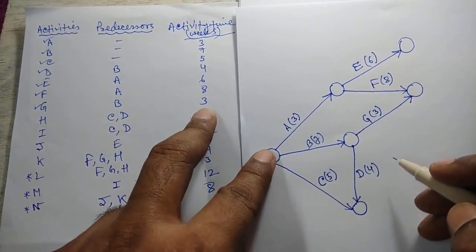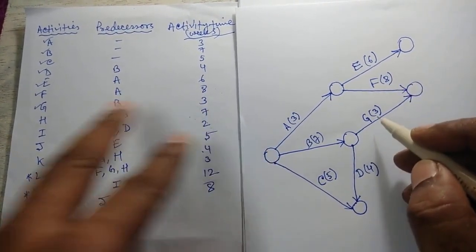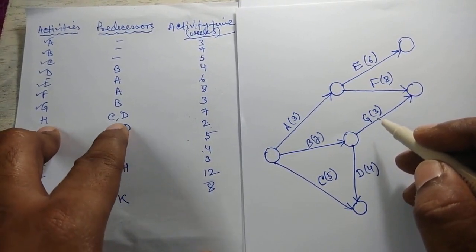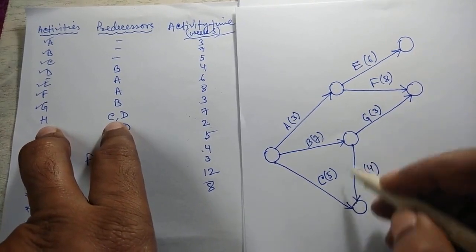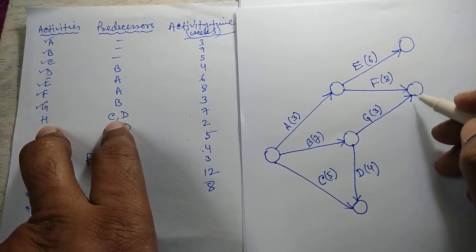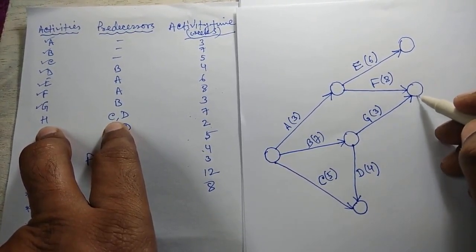Now F is completed. Next is H. The predecessors for H are C and D. So C and D, this. From this node, H will start and meet at this node.